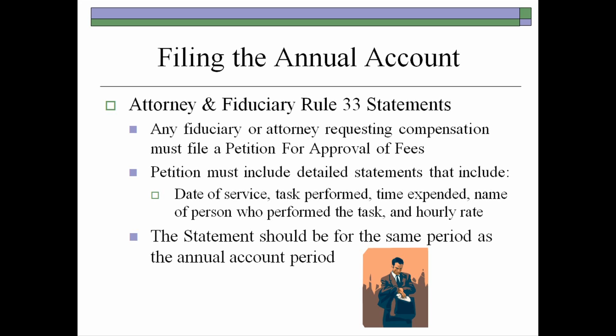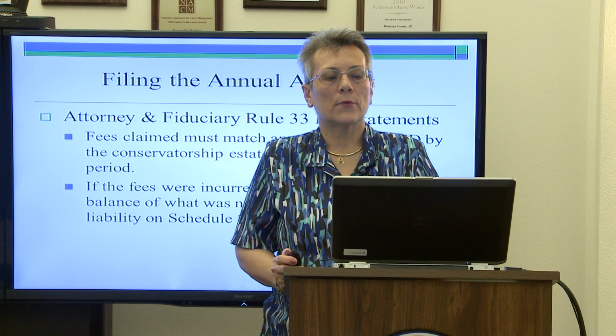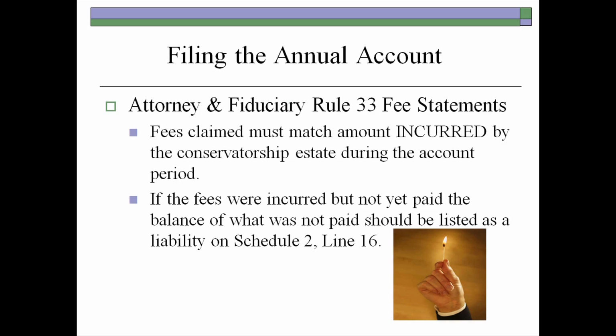The fee statement should be for the same period as the annual account period. When the fee statements are reviewed, the fees that are incurred or claimed must match for the account period. And if the fees were not paid by the end of the account period, that is a liability debt of the estate that should be reported on Schedule 2, Column B, line 16.